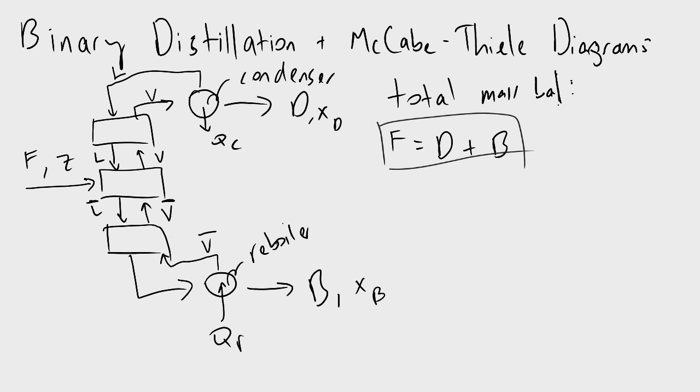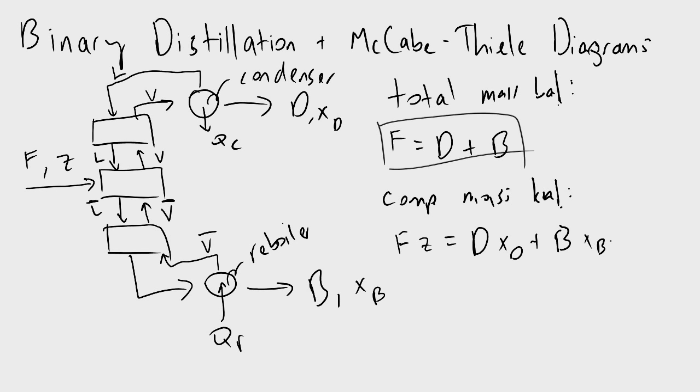And if we do a component mass balance, what we will learn is that the number of moles of our more volatile component that enter our system must be equivalent to that leaving the system, so we will have F times Z must be equal to D, the distillate flow rate, times the distillate composition XD, plus the bottom's molar flow rate times the bottom's composition of your more volatile component.